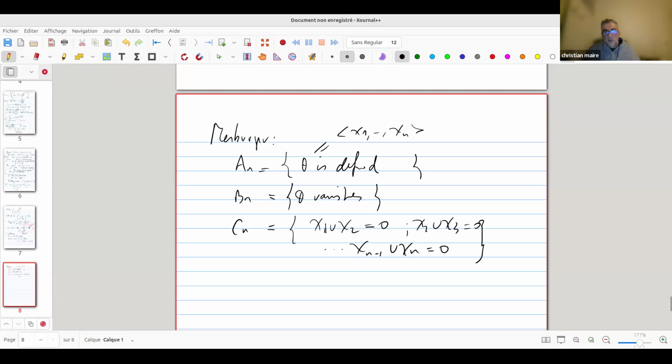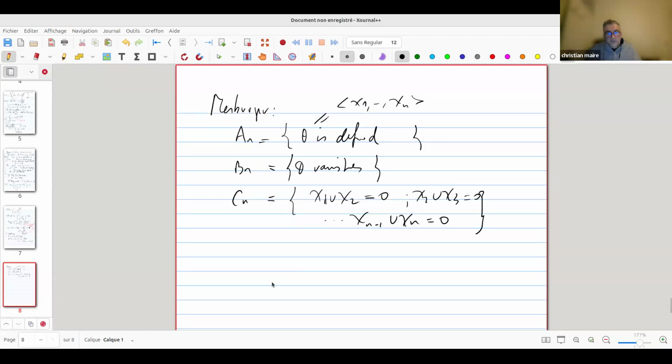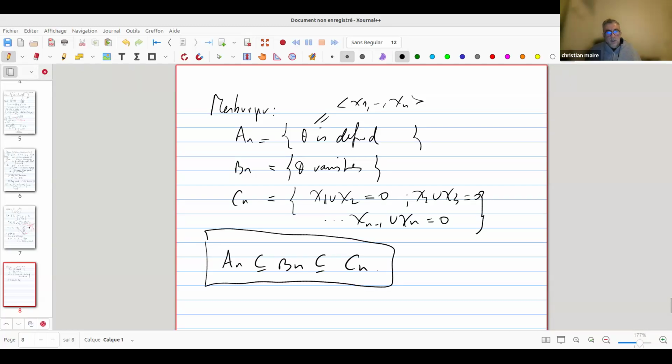Now it's not difficult to see that you have some inclusion. So you have An in Bn, which is in Cn. This is classical. Okay, I made a mistake: it's here, vanishes and defined here.